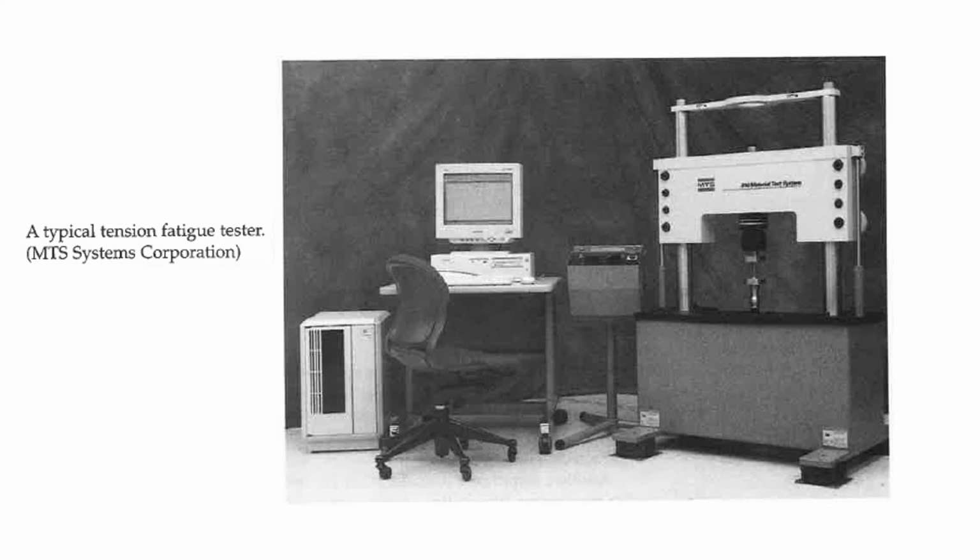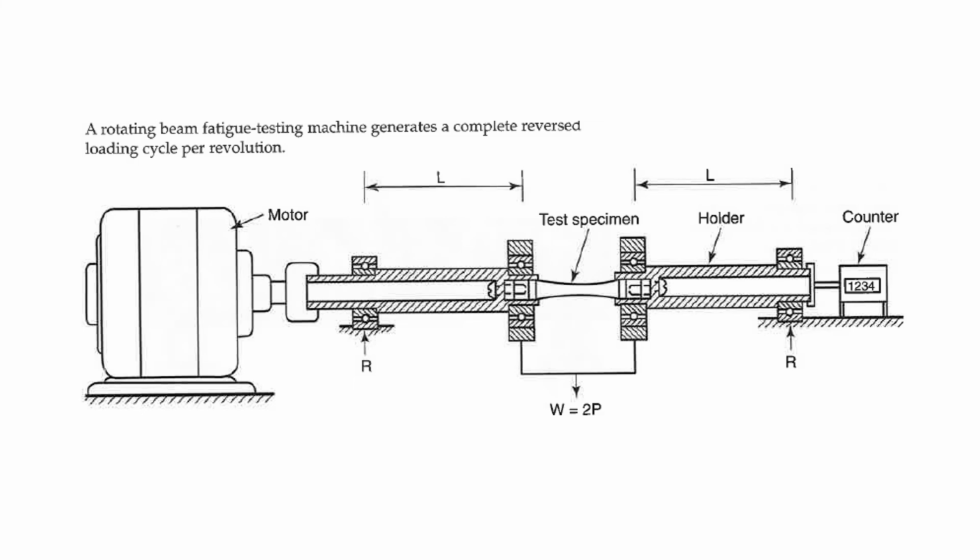Here you can see the typical tension fatigue tester. It's a pretty expensive instrument, and it's definitely connected to your data collection, your computer. And here you can see the rotating beam. Where's my pointer? I always forget that.